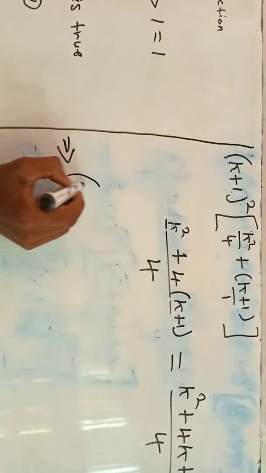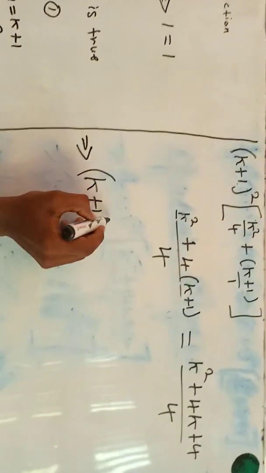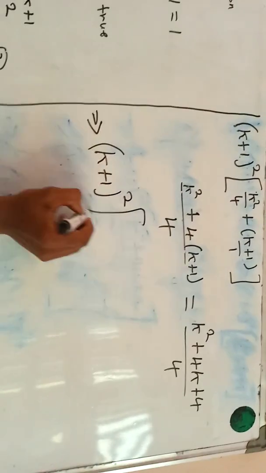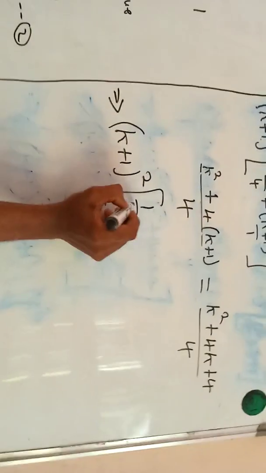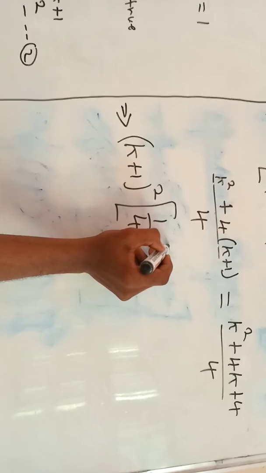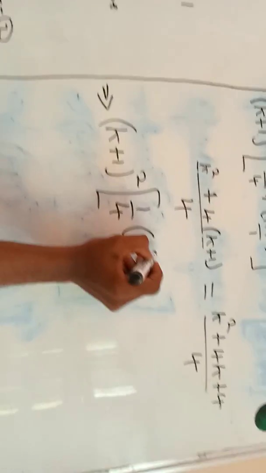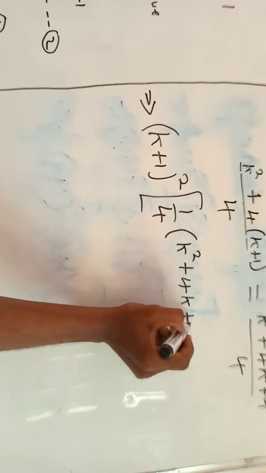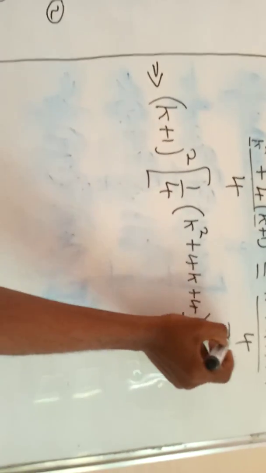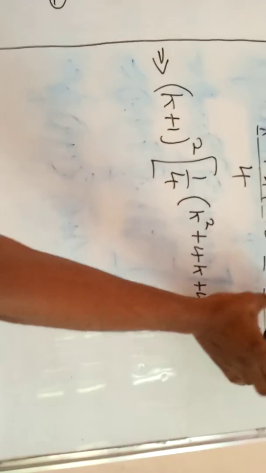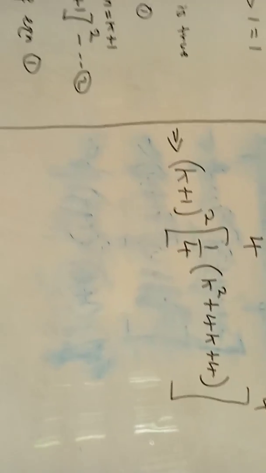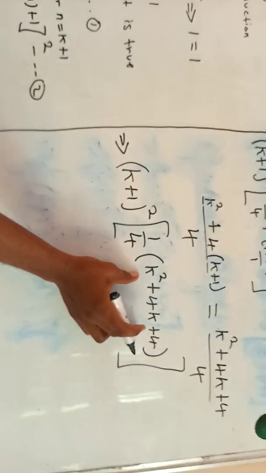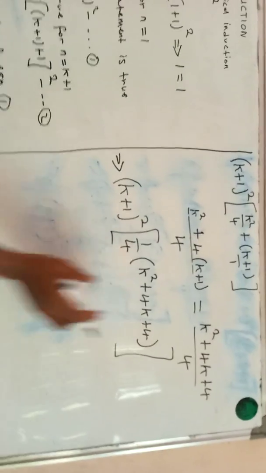This implies that we have this. Bring it out. Have k plus 1 squared all over 1 over 4 bracket k squared plus 4k plus 4. This is the same thing as this. Now we are going to look for the factors of this.